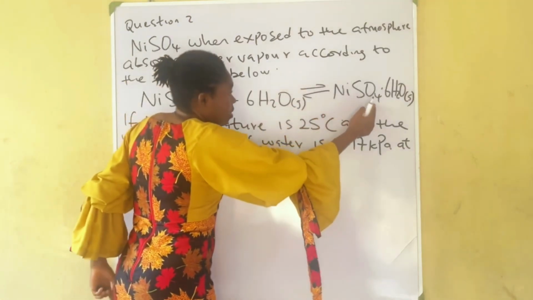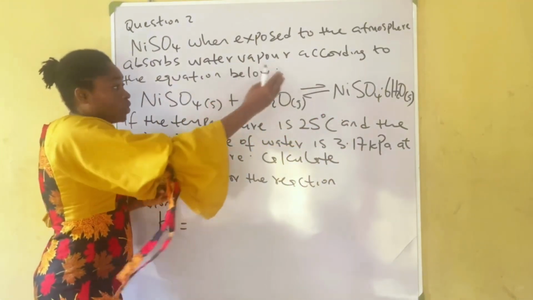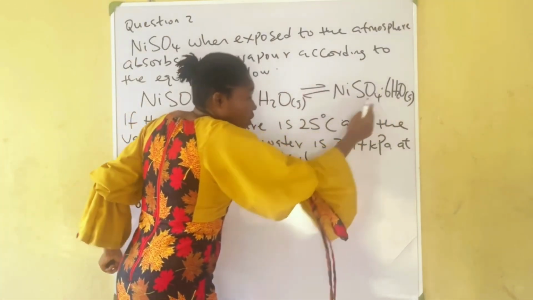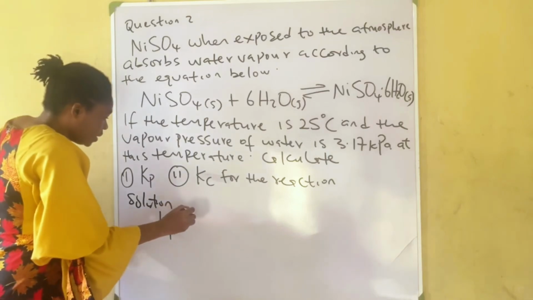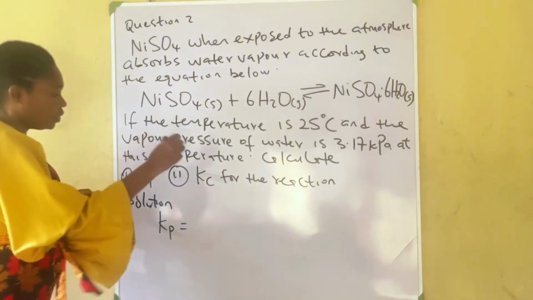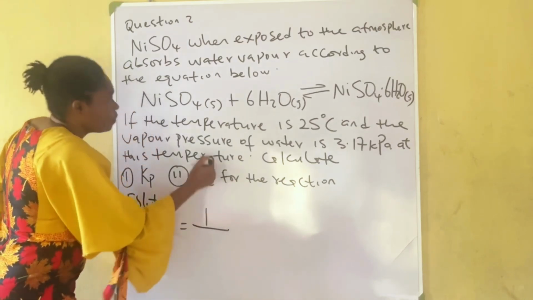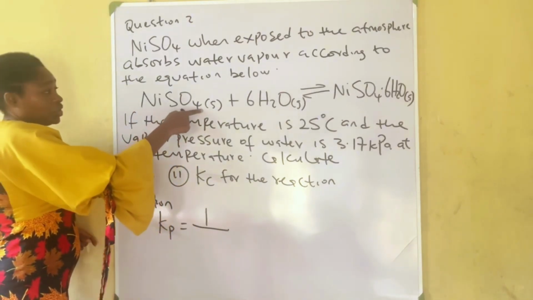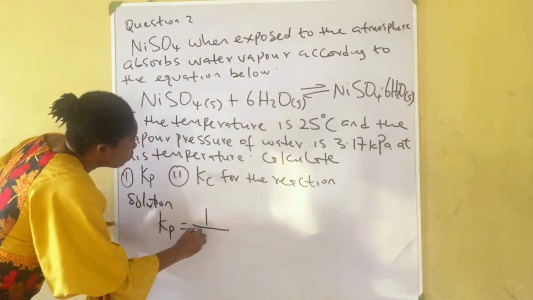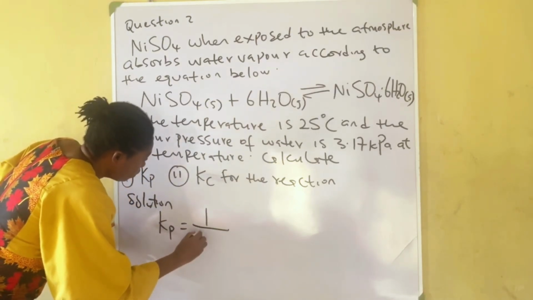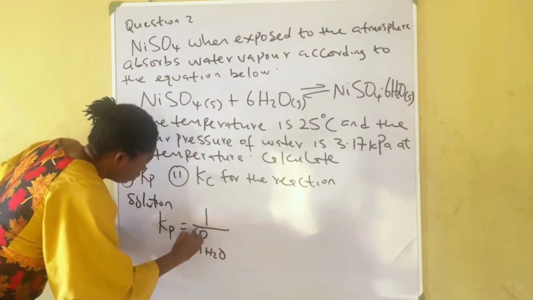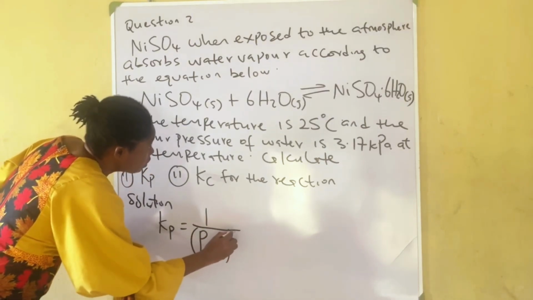For Kp, remember, it's always the concentration of product all over that of reactant. In this case, the product is solid, and the value for a pure solid and a pure liquid is 1. So it's going to be 1 over, I will not use this one because this is solid, this is gas, raised to the power 6.